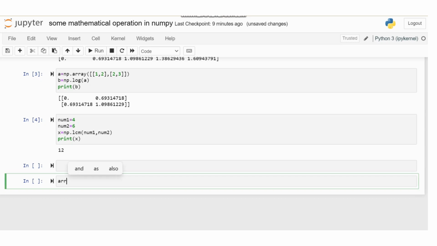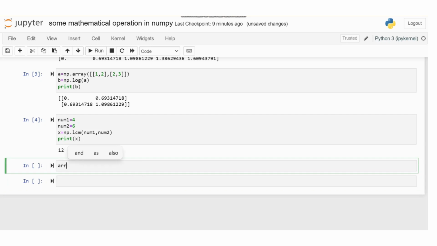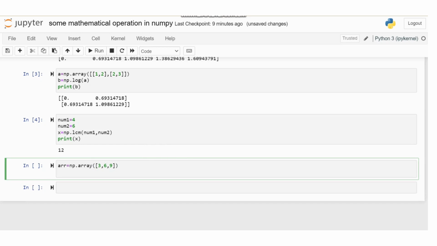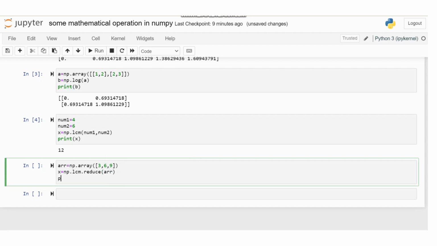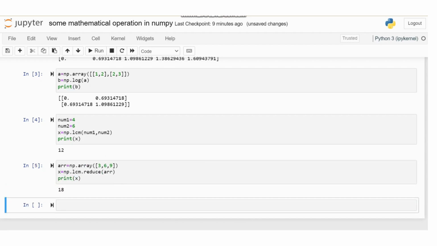How to perform the LCM operation on an array? First create an array with np.array, with values 3, 6 and 9. Then create a variable with np.lcm.reduce of the array. The reduce function calculates the LCM of the array elements. Print x. 3 times 6 is 18, 6 times 3 is 18, and 9 times 2 is 18. The lowest common multiple is 18.